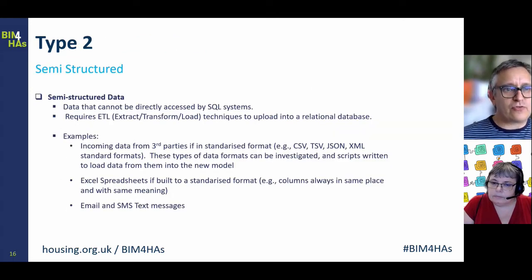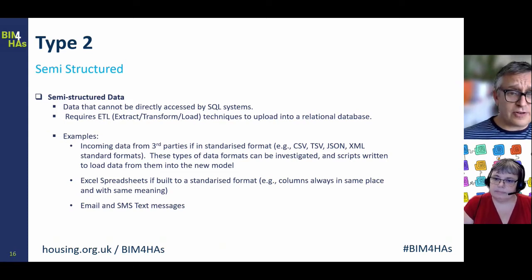Type 2 is semi-structured. So this is your CSV, your XML. This is your ordinary spreadsheet that somebody might have created, and it requires ETL. This is something that I learned, extract, transform, load techniques to upload into an international database.